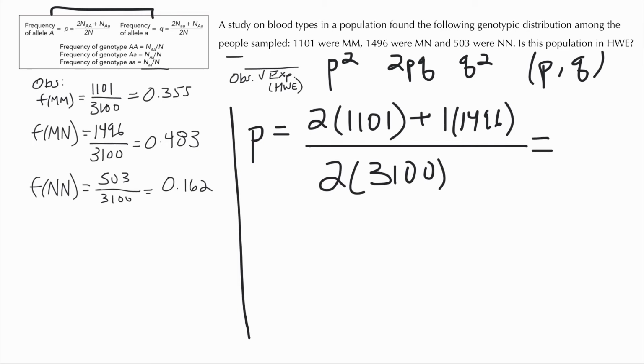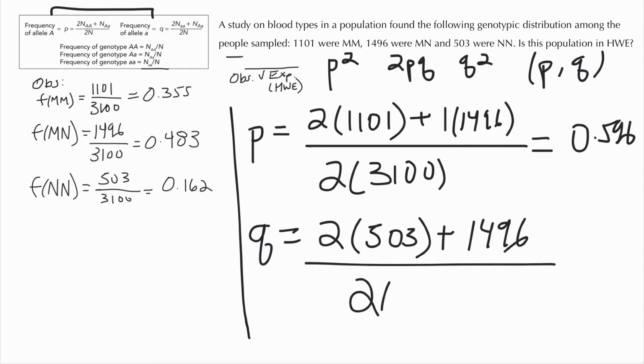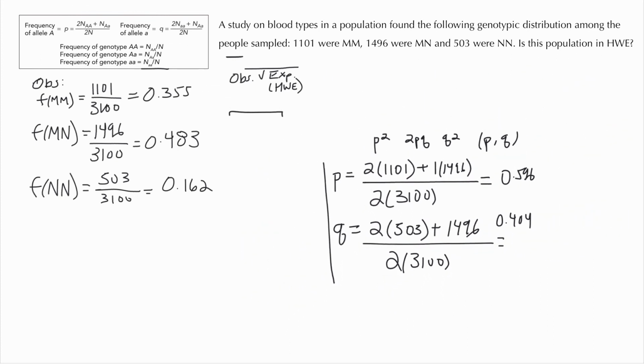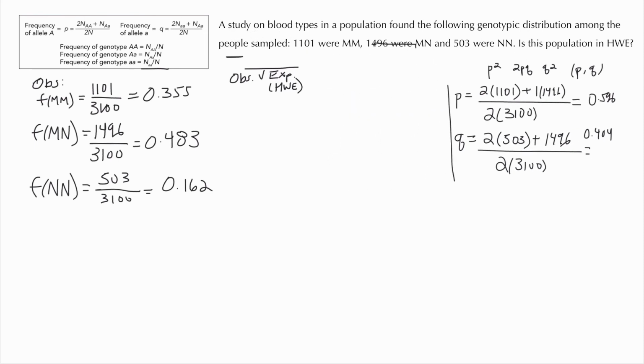That equals 0.596, so that's your p, and your q is 2 N alleles for each homozygous N plus 1 for each heterozygote, divided by 2 for every individual, and that equals 0.404. These add up to 1, so that's a good sign. Now let's use those allele frequencies, p and q, to calculate what we expect the genotypic distribution to be.